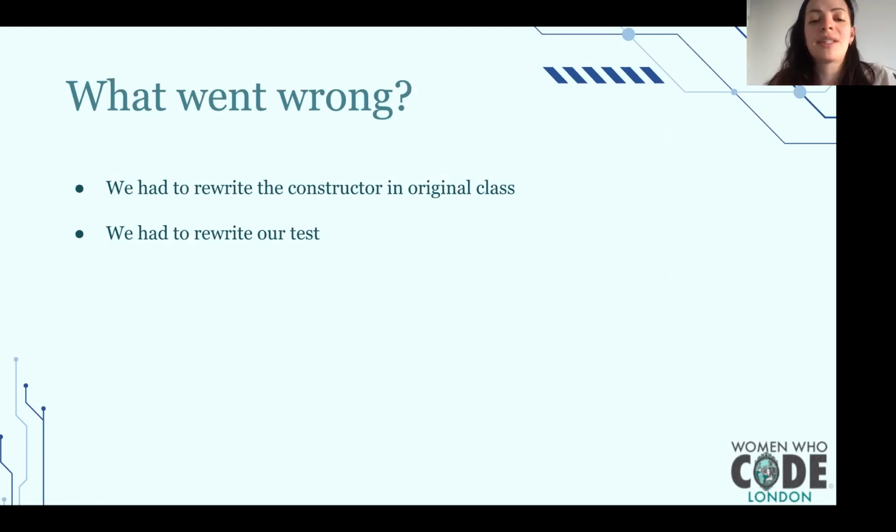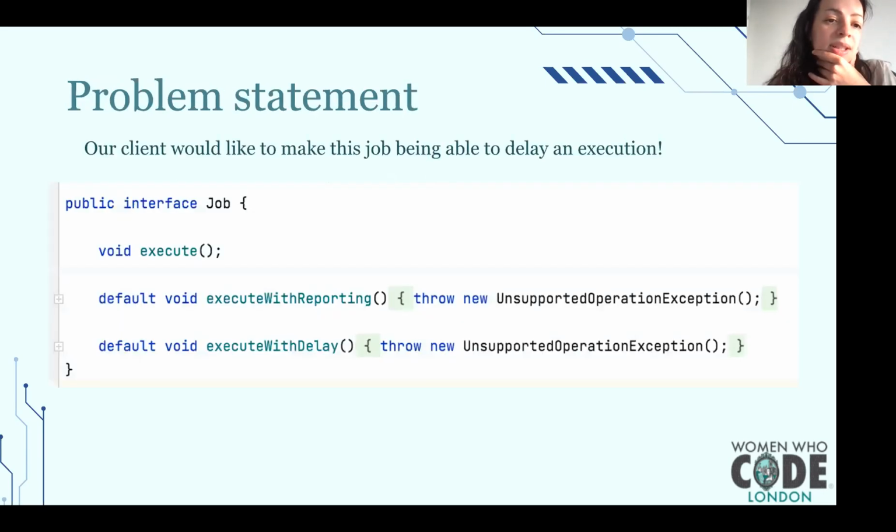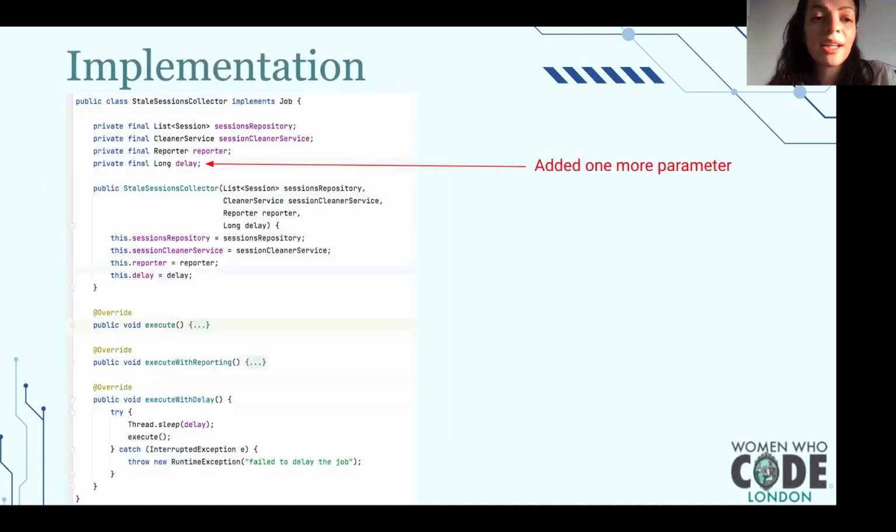What went wrong? First of all, we had to rewrite the constructor, and we had to rewrite our tests a bit, but okay, we can survive with it. Now our client would like this job to be able to delay execution. This is a job, but some applications need the job to run not at the start of the application, but after some time, to be sure that, for example, all resources are initialized. So we have a new parameter, delay.